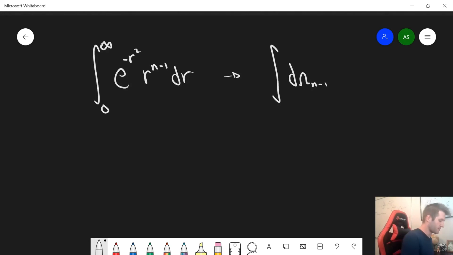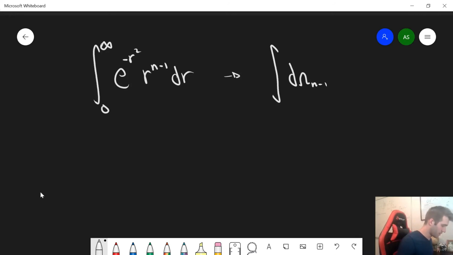But first, we want to set our sights on this integral here. As stated before, we want to put our r raised to the n minus 1 in terms of r squared. And then we also want to extract an r from this. You'll see why that becomes necessary in a moment.